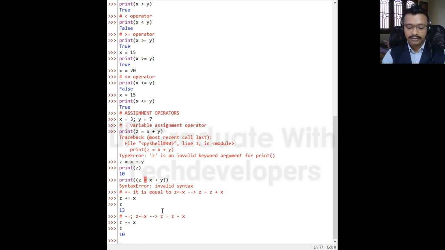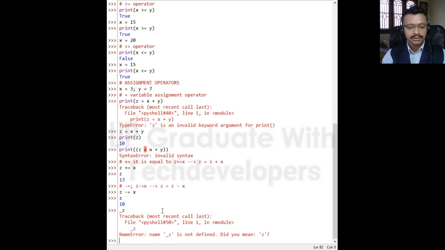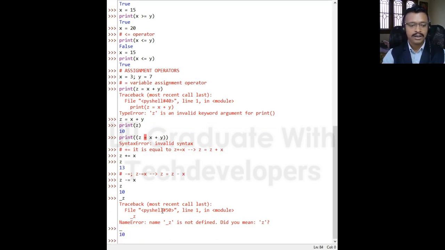Okay, so in order to check the previous value of any variable, we should use underscore and then that variable. So here, not defined. Okay, so just underscore, yes, 10.